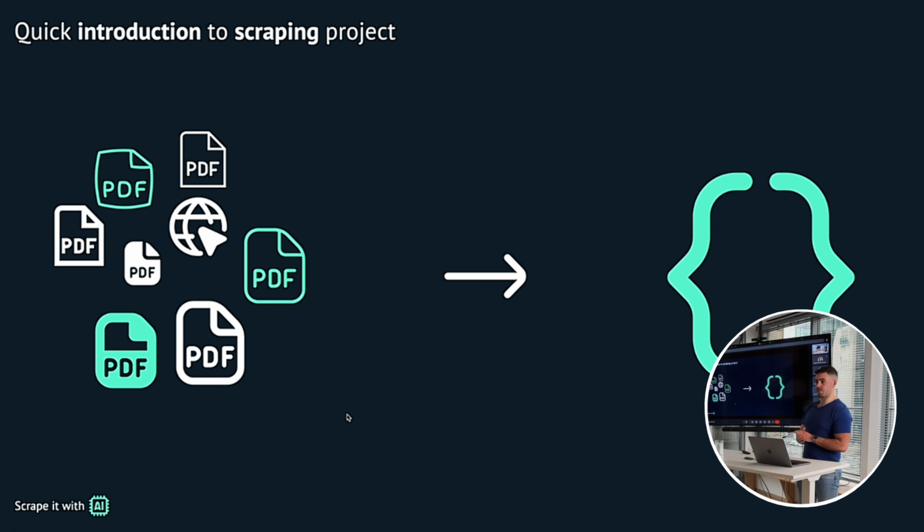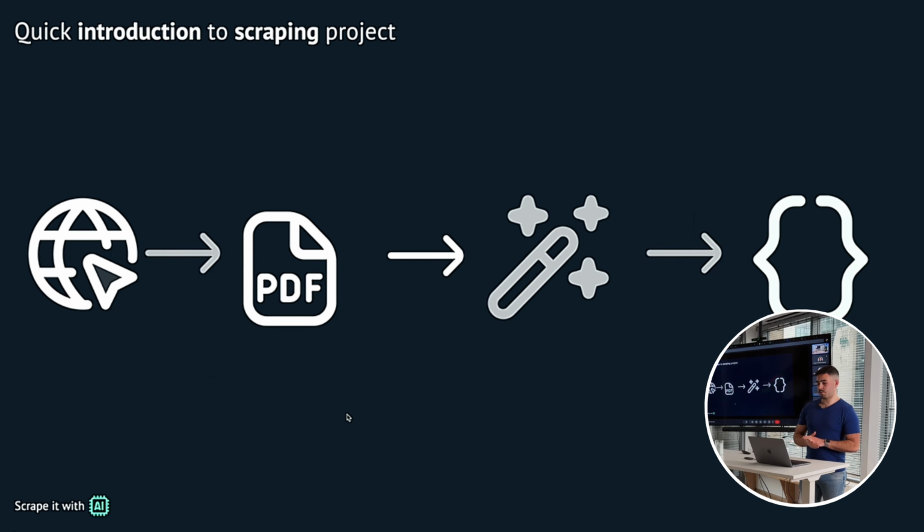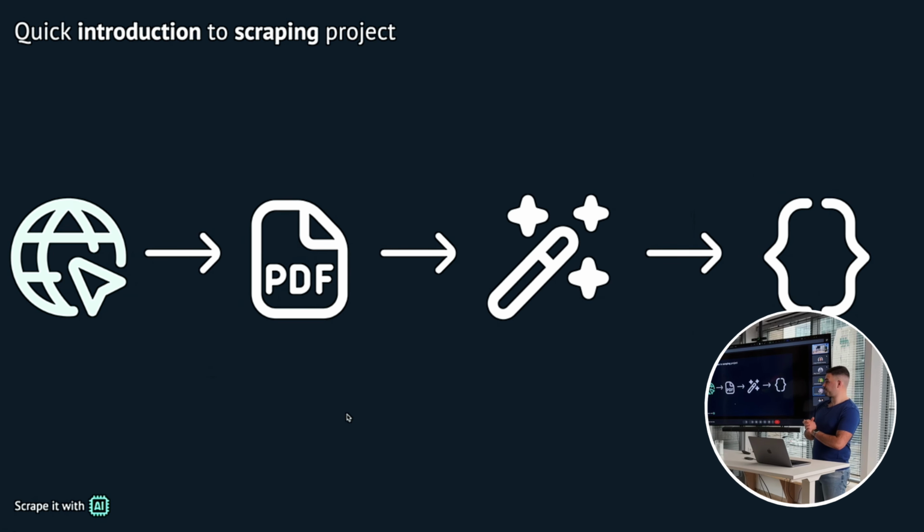Throughout this process, we also had to face challenges like pagination of the product, some dynamic websites, fetching, and obviously data quality was really important in this project. So for this development, we defined 4 key steps.